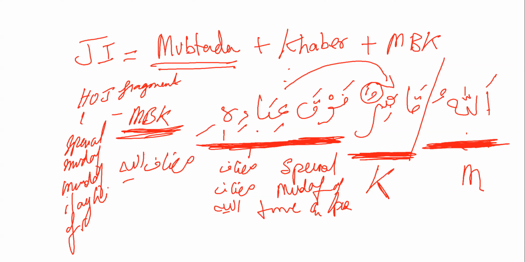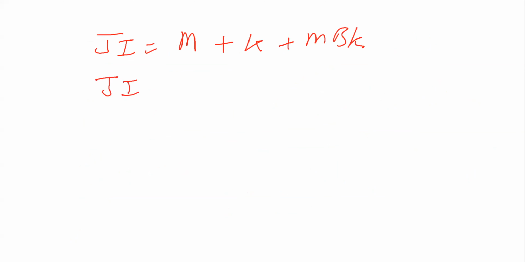But it is equally possible, and it occurs in the Quran, that you have certain other combinations of jumla ismiya. The first one was mubtada, khabar, and MBK. This is the normal one. But you can also have mubtada and khabar and no MBK.